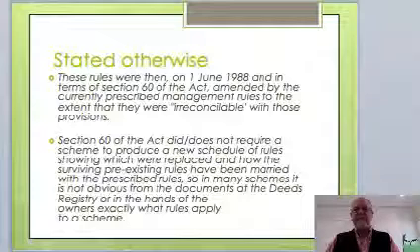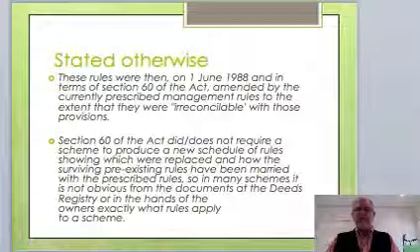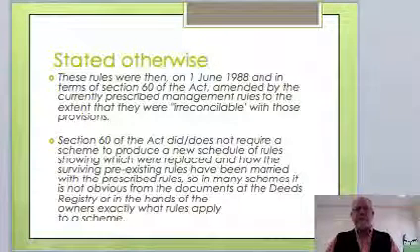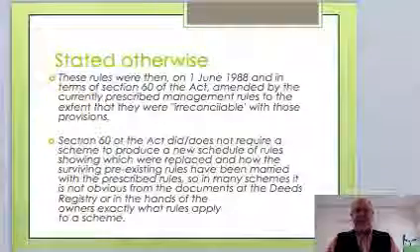Section 60 of the Act did and does not require a scheme to produce a new schedule, a new document with all the rules showing the old ones thrown out and the new ones put in, but in many schemes it's not obvious from the documents that the trustees work with exactly how this happened.